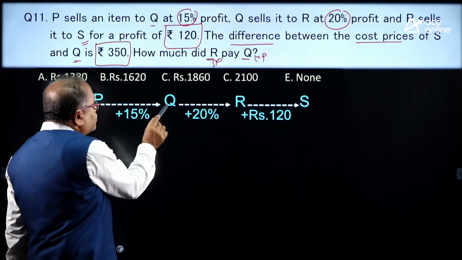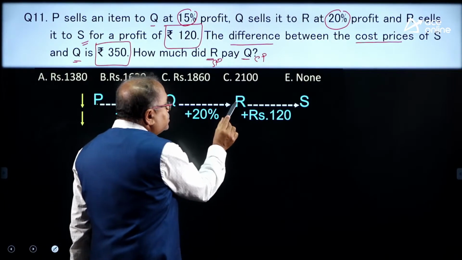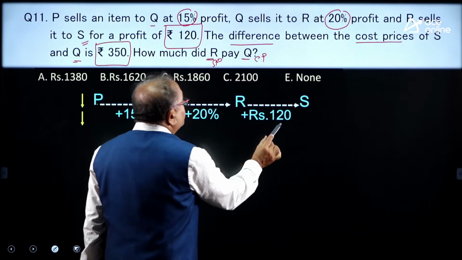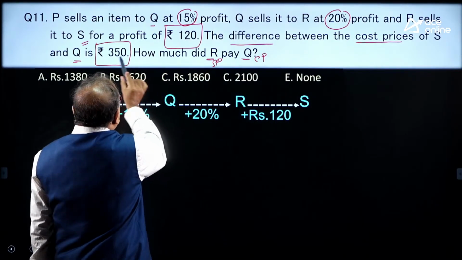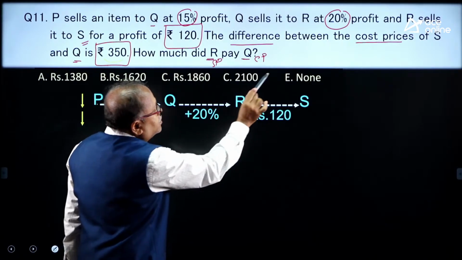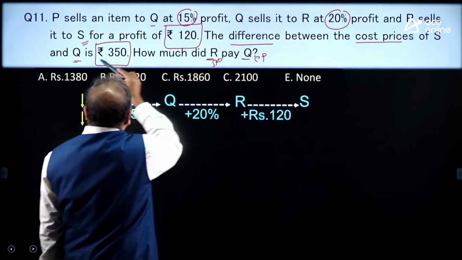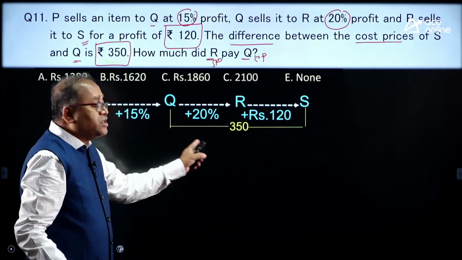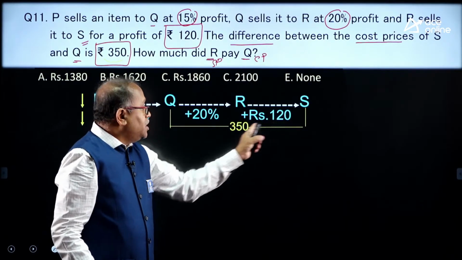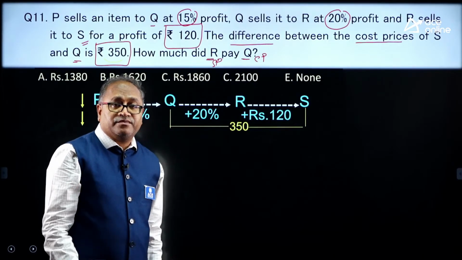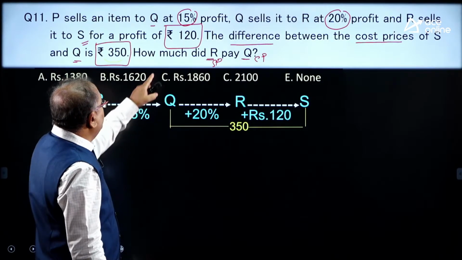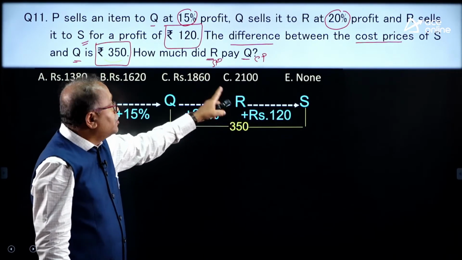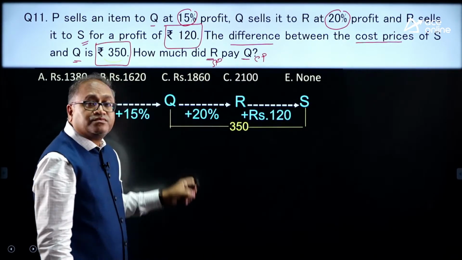P sells it to Q at 15% profit, Q sells it to R at 20% profit, R sells it to S at 120 rupees profit. And what is this 350? The difference of the cost price of S and Q. You are asked to find out the selling price of R, or the cost price of Q.